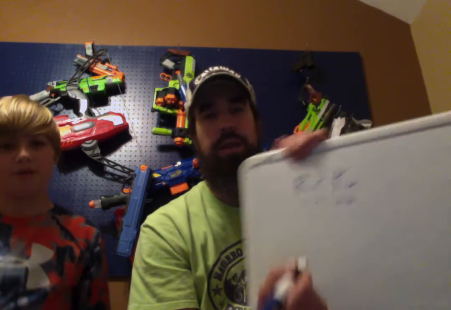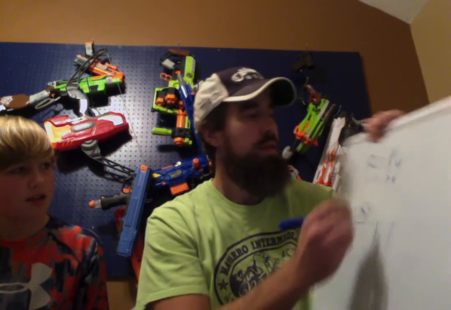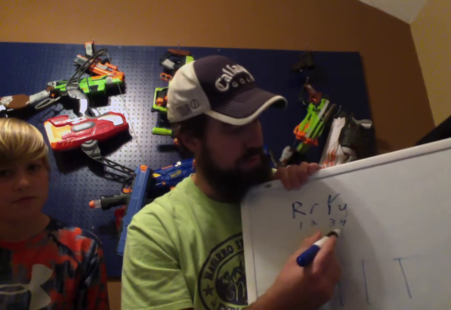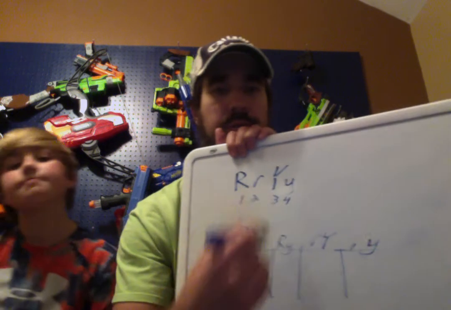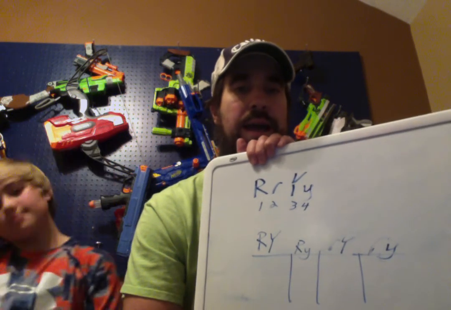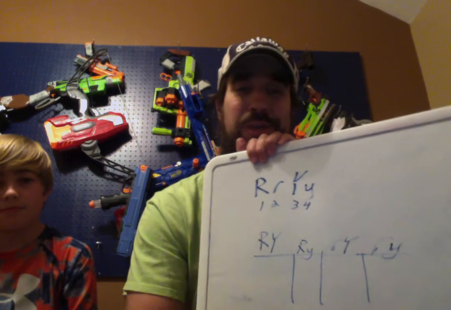So 1 to 3 would be big R, big Y. 1 to 4 would be big R, little y. 2 to 3, little r, big Y. And then 2 to 4, little r, little y. So that's just a quick review on setting up the dihybrids when it's a 16 square. Really, I think there's only one that you have to do it for. So as long as you can do that, you should be good to go.